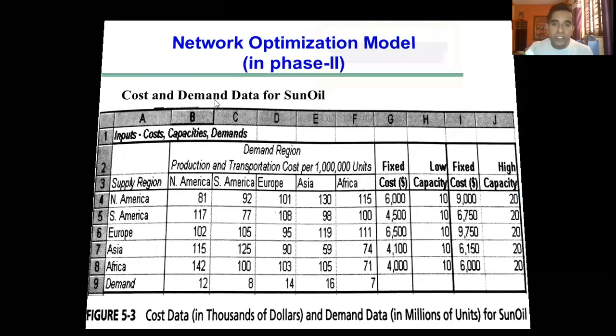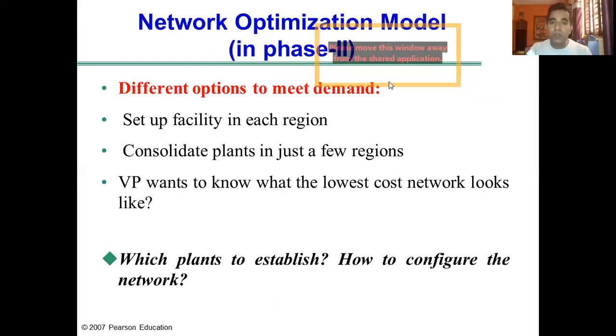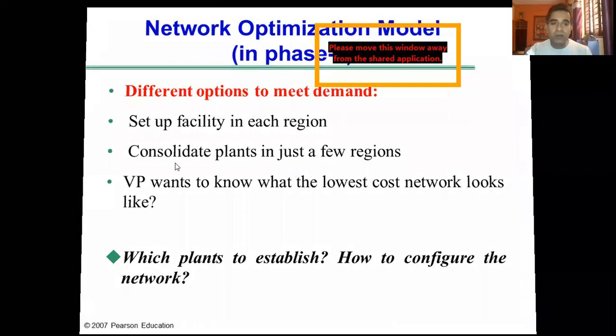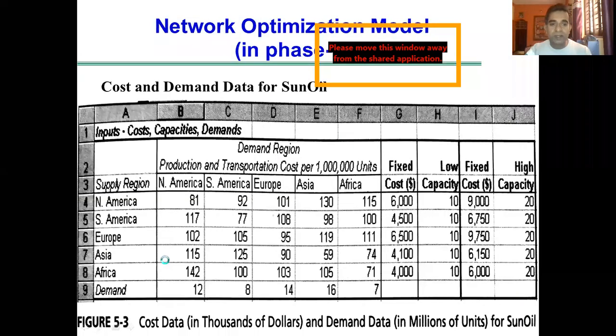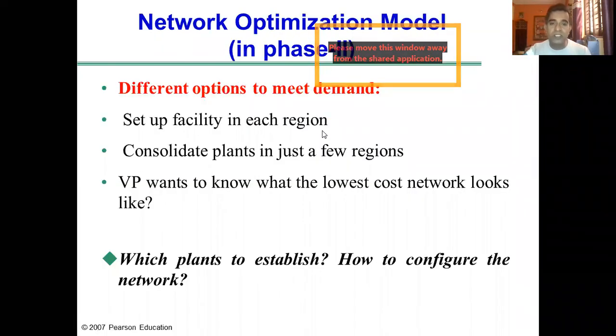So, different options to meet demand. The company has different options to meet the total demand. One option is to set up a facility in each region. There are a total of 5 regions, so the company can set up one facility in each region, or consolidate plants in just a few regions.